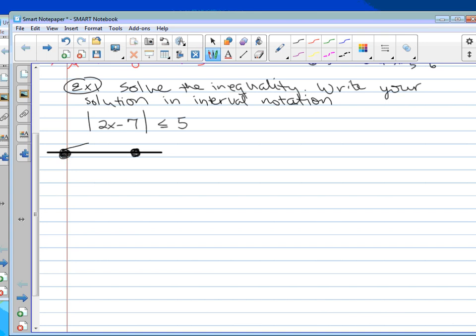Now, the only question is, what are those two numbers? But when you're solving it, you can set up what's called a compound inequality, because you know that your final answer should say x is going to be stuck in between two numbers.